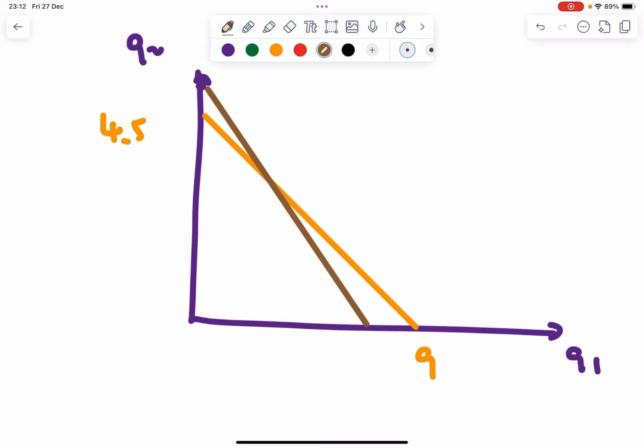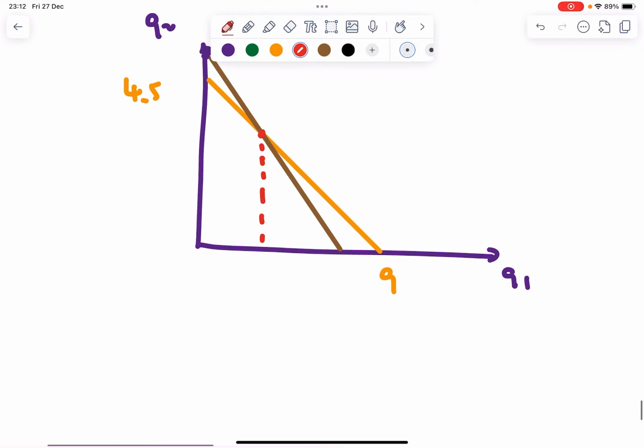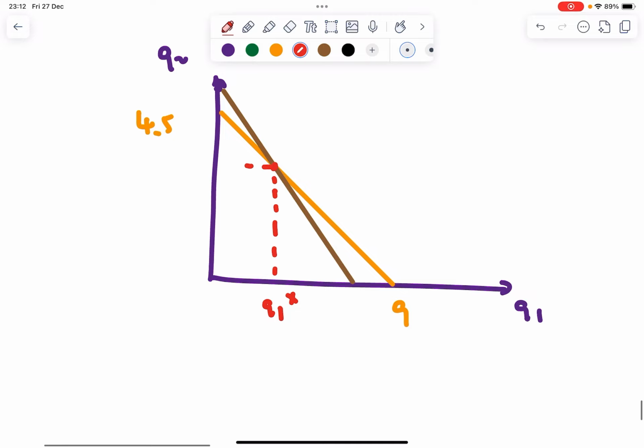This is the particular point over here where they intersect. If firm 1 chooses Q1 star, firm 2 wants to produce Q2 star. But if firm 2 is producing Q2 star, we go back to the best response curve for firm 1, and it still wants to produce Q1 star.